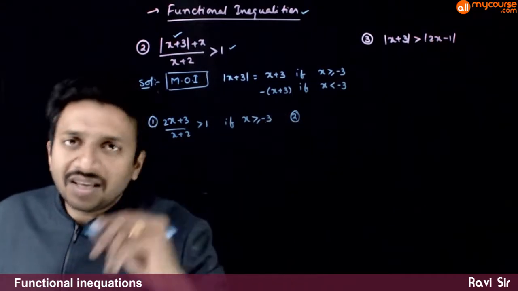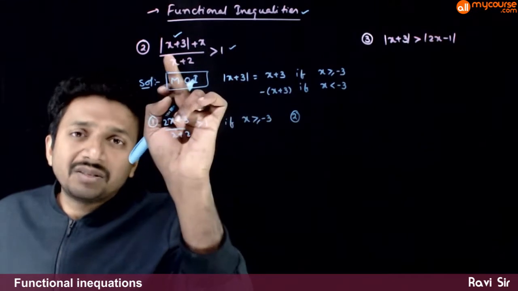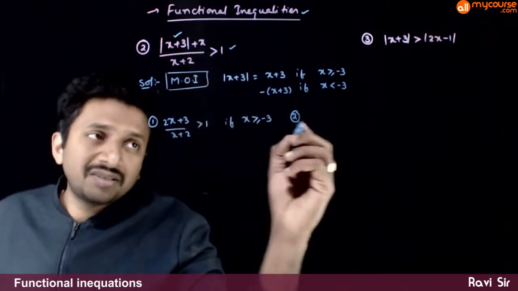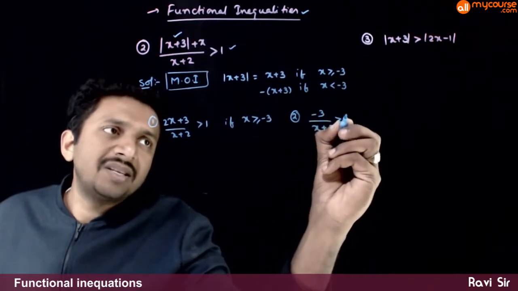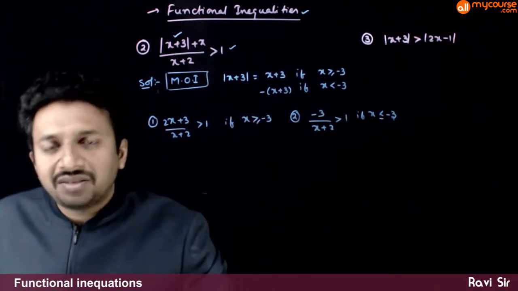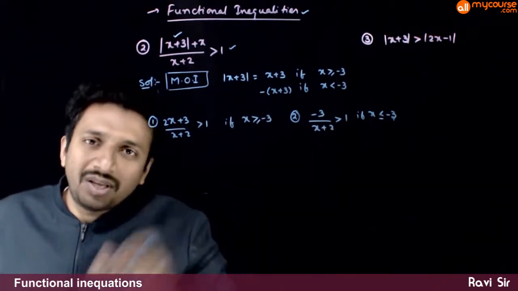And the second case is this mod of x plus 3 is becoming minus x minus 3. So minus x minus 3 plus x gets cancelled. So minus 3 by x plus 2 is greater than 1 if x is less than or equal to minus 3. So these are the two cases that you have. Solve it separately in both the cases.